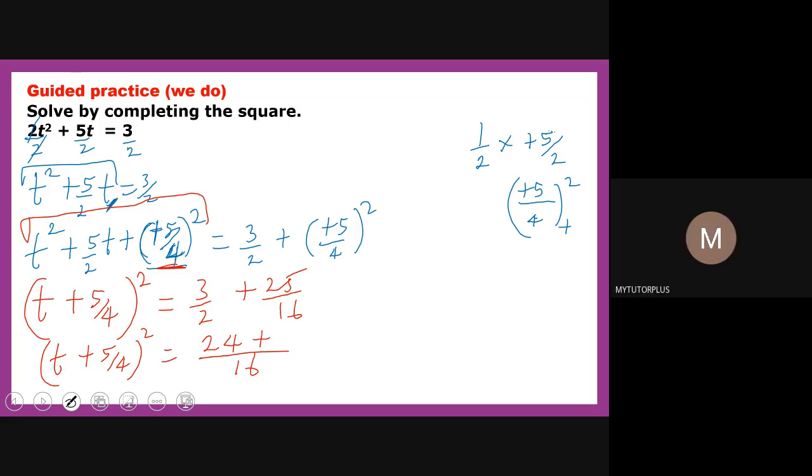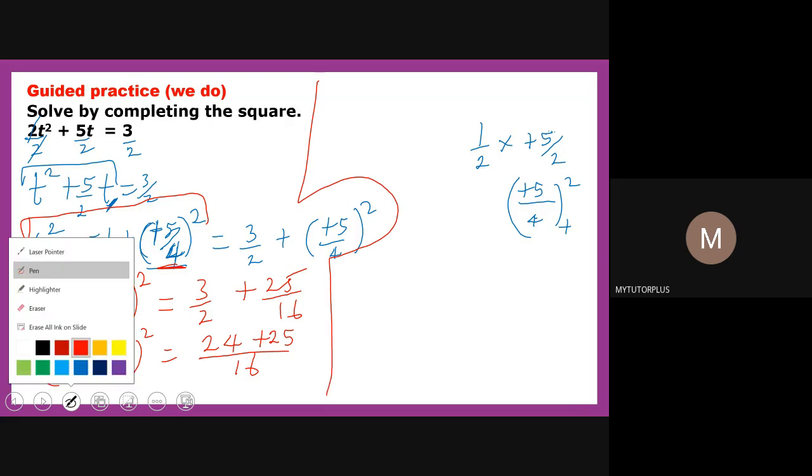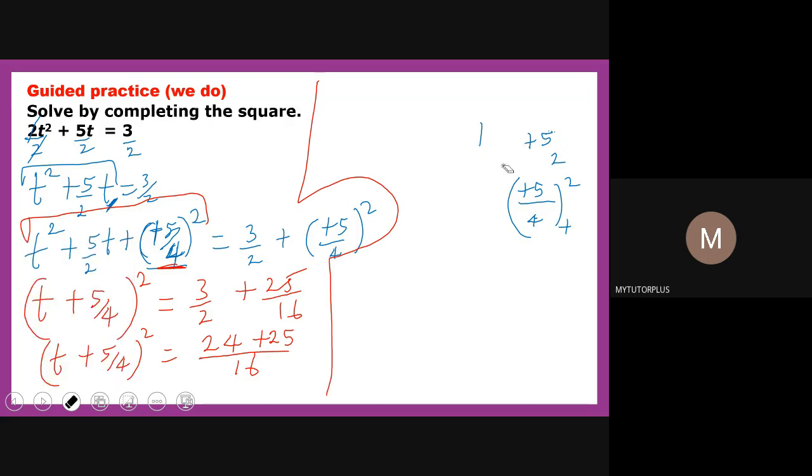That will be 1. Then 1 times 25 will give me 25. So let's move on. So from this one, I'm going to have t plus 5 over 4 all in bracket square equals 49 over 16. Do you get that?